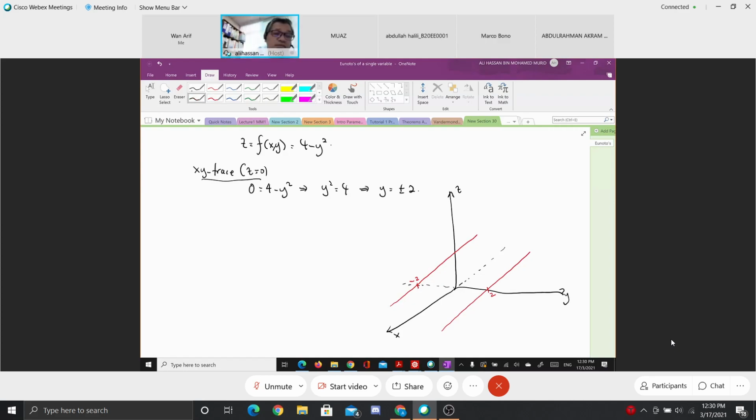What about the xz trace? The xz trace means y equal to 0. Then z equal to 4 only, right? So on the xz plane, z equal to 4.